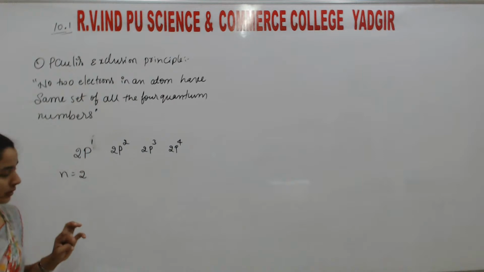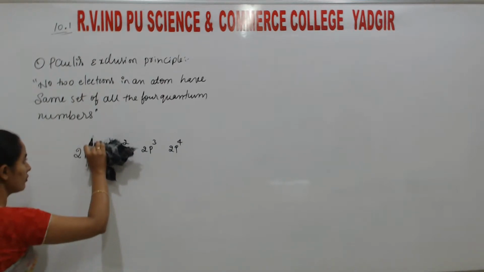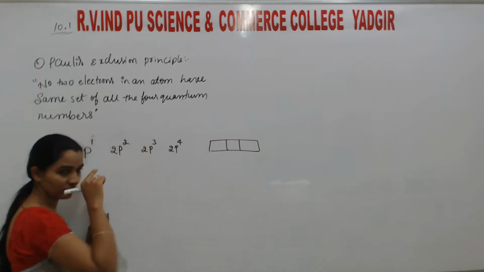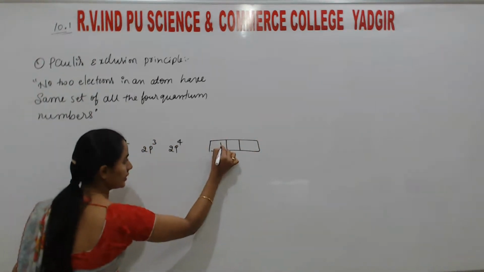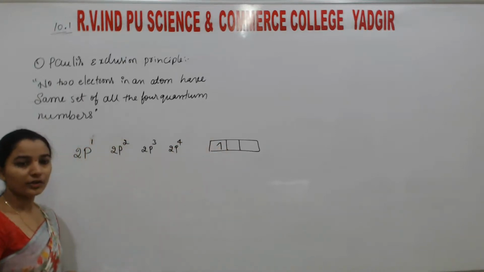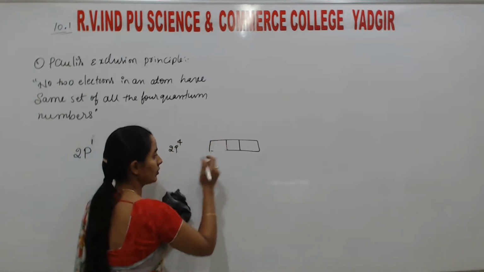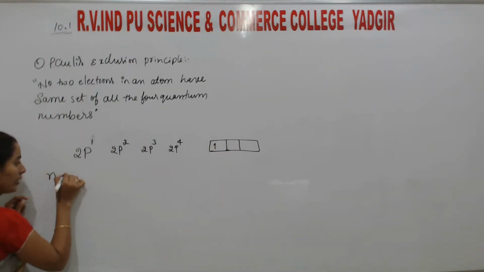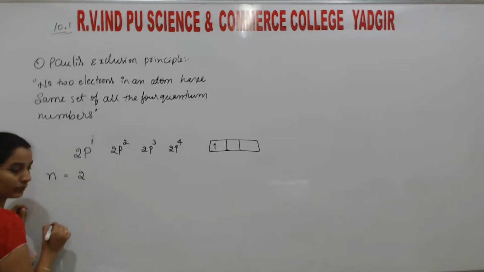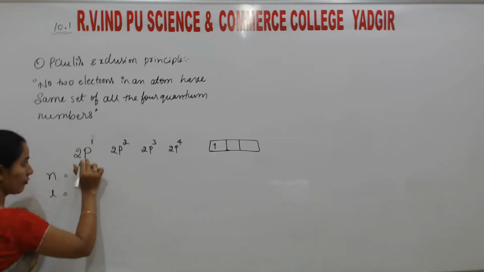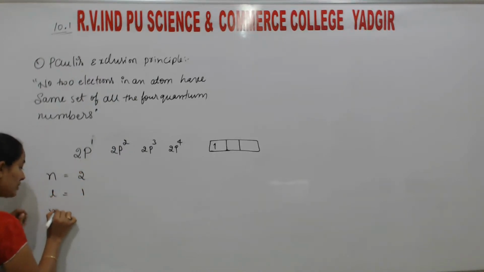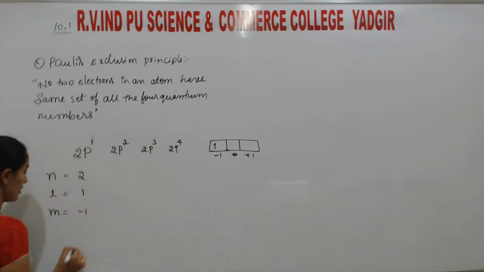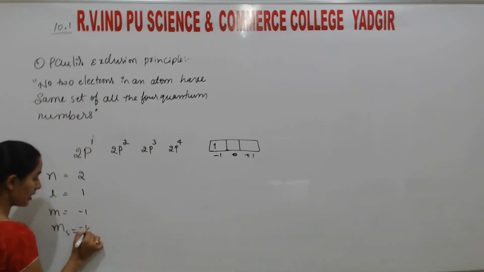So if we write the n, l, m values and everything for this, for 2p1, I write one electron here. For this orbital, n is equal to 2, l is equal to 1 for a p orbital, m is equal to, this electron is in the -1 state, and the spin ms is minus half.